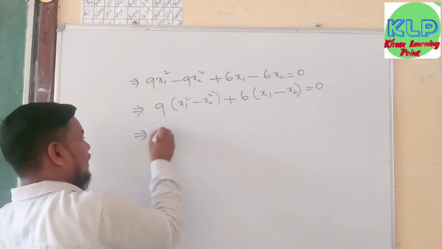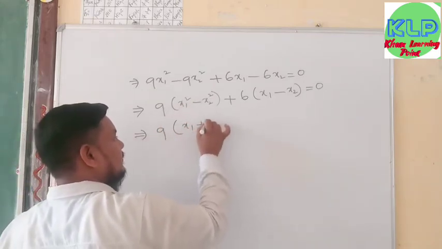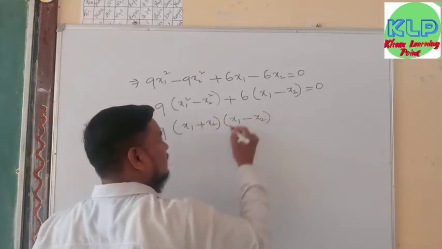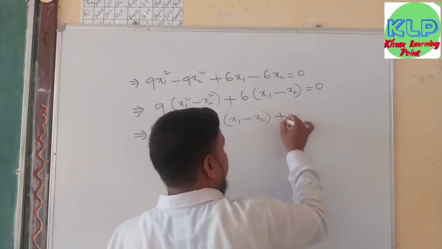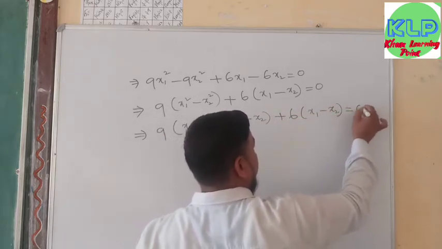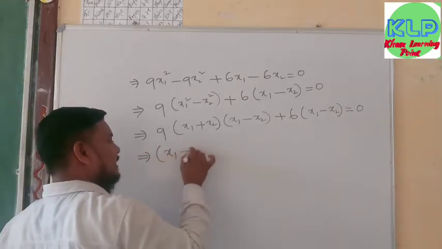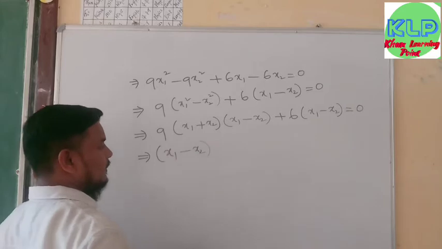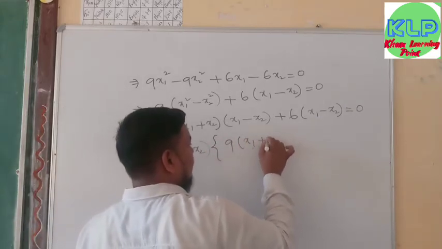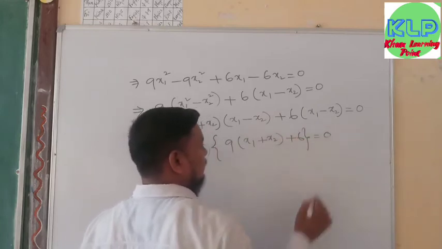That is 9. A square minus b square means a plus b into a minus b, plus 6 x1 minus x2 equal to 0. Again x1 minus x2 is common, then it will be 9 times x1 plus x2 plus 6 equal to 0.